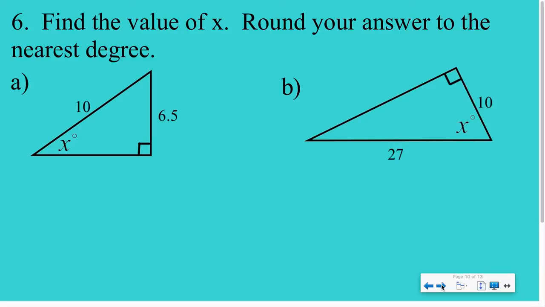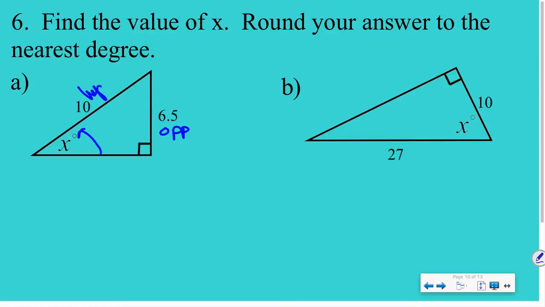Don't use the fractions, we gotta use division. Taylor, on part A, in reference to angle X, would 6.5 be opposite, adjacent, or hypotenuse? How about 10?